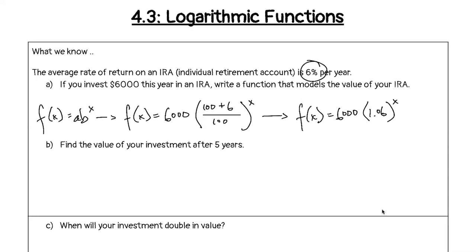What's going to happen in 5 years? Okay. So if I want to find out the value of my investment after 5 years, all I need to do is take the 5 and plug it in for the x. So we get f of 5 equals 6,000 times 1.06 to the 5th power. And remember, we want to be a little bit more grown up in our math and our calculations.